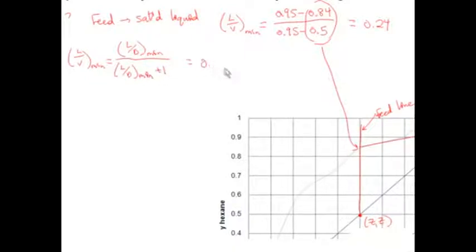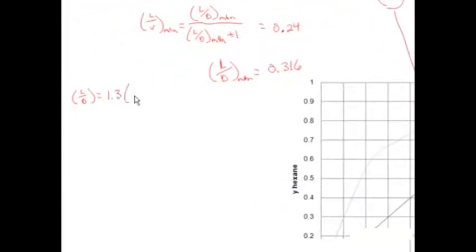So that equals 0.24, and L over D min equals 0.316. So our L over D value, L over D equals 1.5 L over D min equals 0.474, and L over V equals L over D over L over D plus 1 equals 0.322.